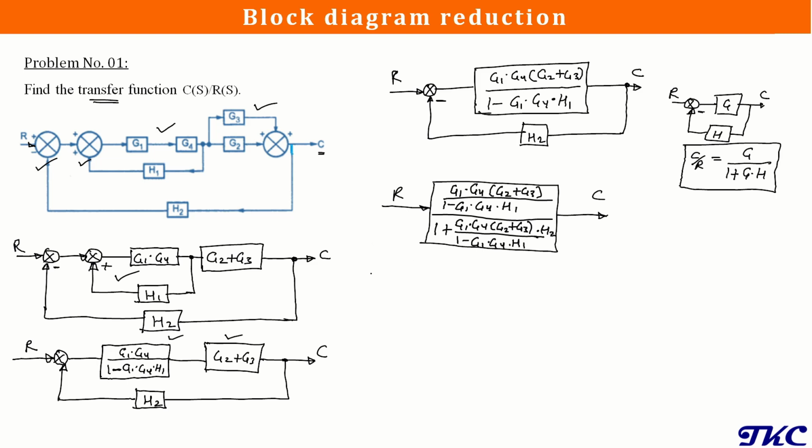So what we can do, we can write the transfer function here. So it will be C of S upon R of S, that is output upon input.